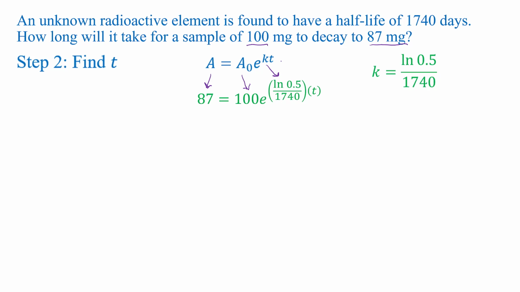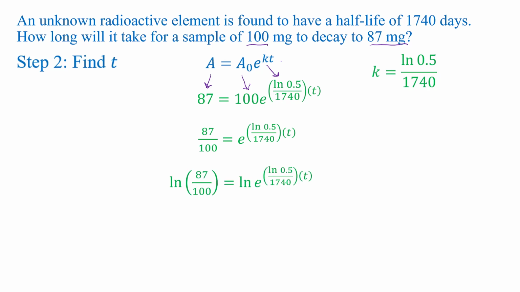Now I'll divide through by 100 to get 87/100 on the left side, and then take the natural log of each side of this equation. The right side will simplify to ln(0.5)/1740 times t, and we can now solve for t by multiplying both sides by 1740/ln(0.5).